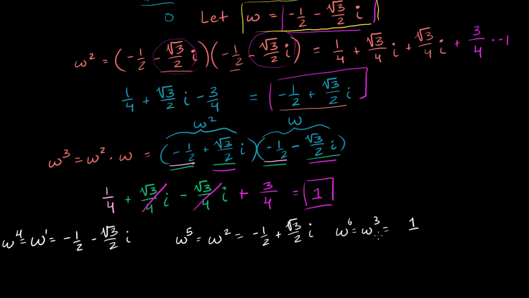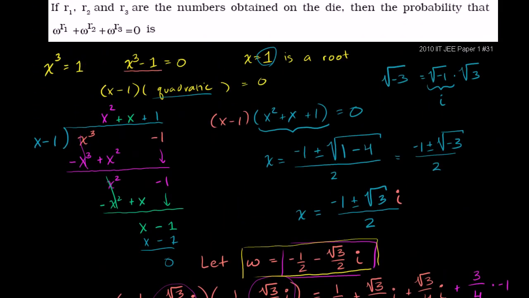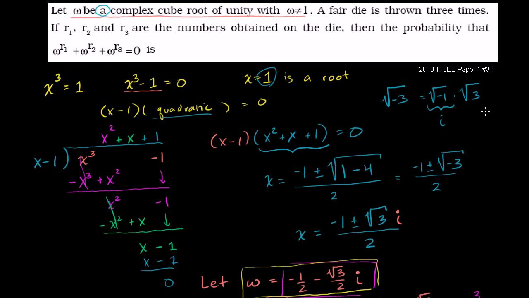So we did set up, and the reason why I went up to the sixth power is because if you remember the old problem, we're rolling a die. And on that die, I'm assuming it's a normal 6-sided die, we're going to get values between 1 and 6. And we're going to take omega to the different powers, and we're going to see if the sum equals 0. We want to find the probability of this being equal to 0. So let me write this down.